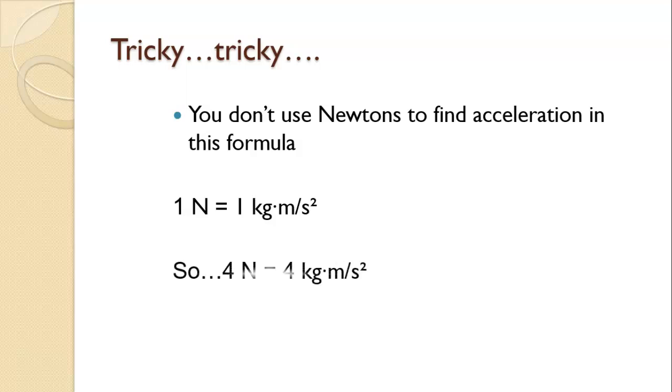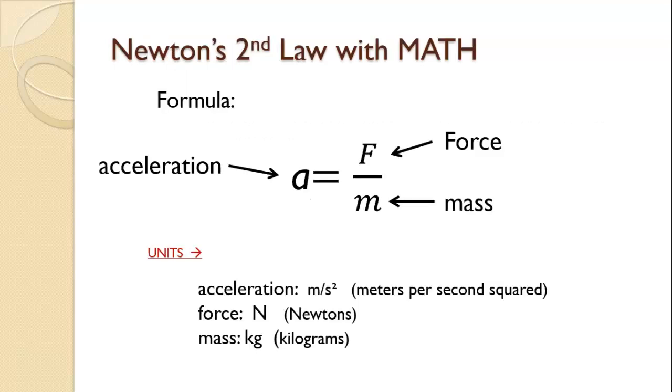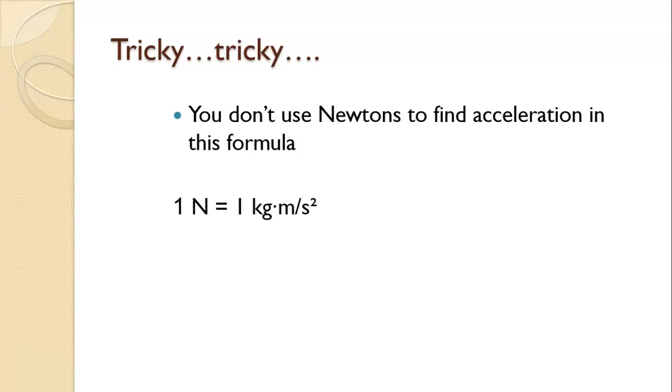Let's take a look at this idea. If 1 newton is equal to 1 kilogram times meter per second squared, then that means 4 newtons is going to be equal to 4 kilograms times meters per second squared.